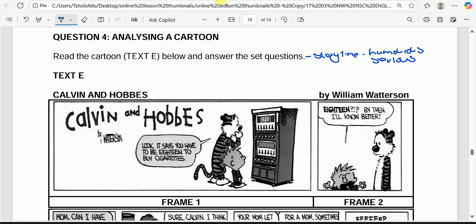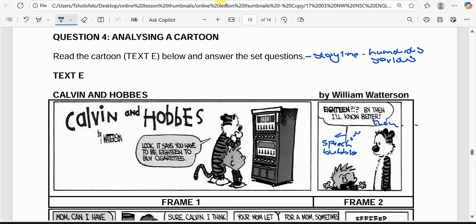And then know that this is what you call a speech bubble. If it has circles like this, this is what we call a thought bubble, meaning that the character is thinking out loud. Here, a speech bubble means the words of the character.